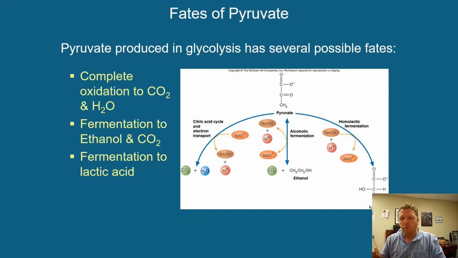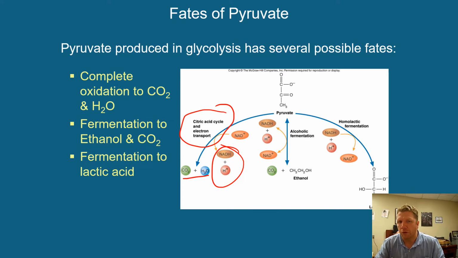Now, ultimately, when we produce that pyruvate, what's going to happen with that pyruvate? It's going to go in a couple of different directions. One, we can have the complete oxidation to CO2 and H2O, and that's through our citric acid cycle, which we'll get into next. That's going to produce a bunch of CO2, H2O, as well as NADH and protons. We could also have alcoholic fermentation.